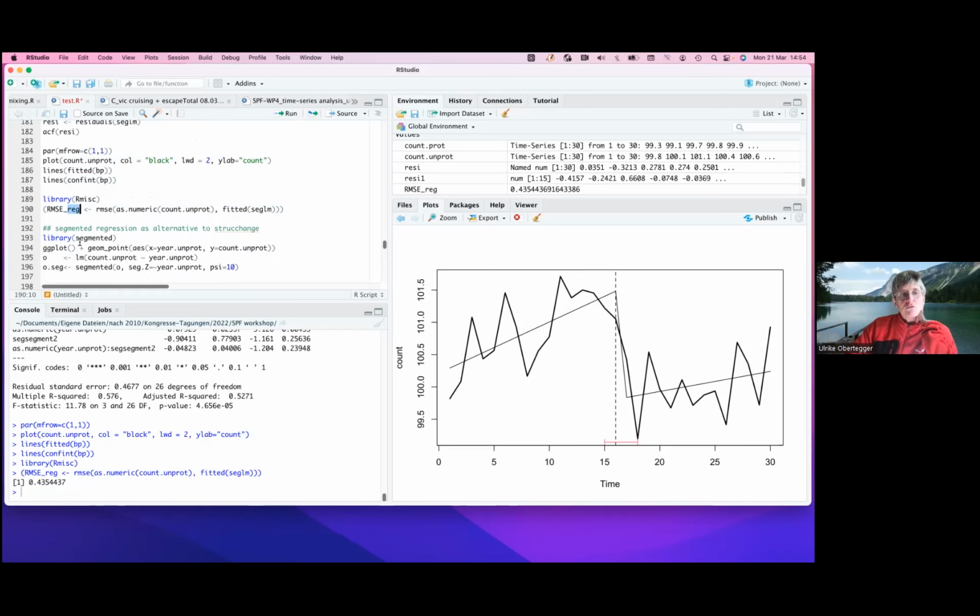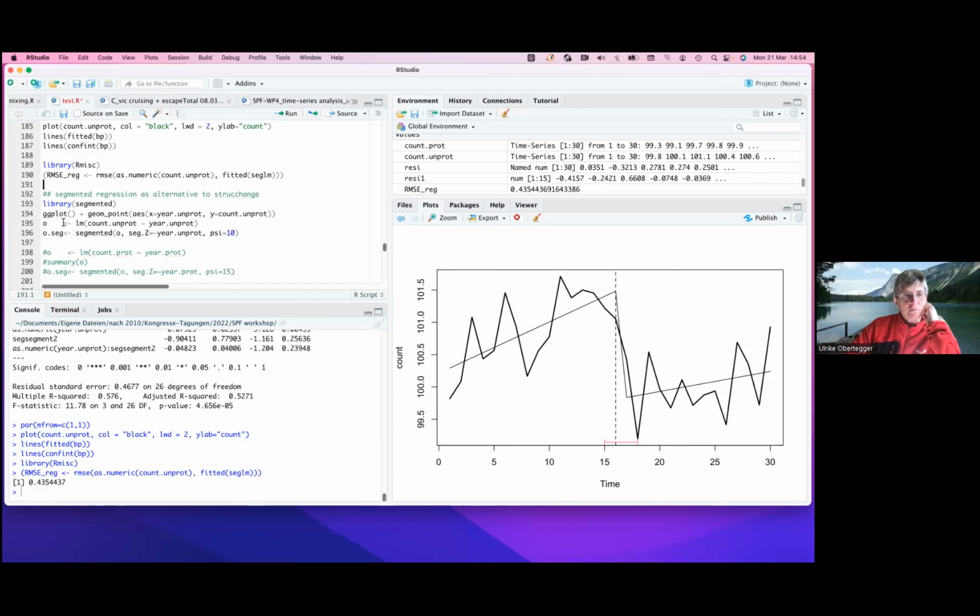But now, before that, I wanted to do segmented regression. Segmented regression is, I would call it, the brother of structural change. It also tests for linear regression, and it tests for change points in linear regression, but it's not that powerful as it's segmented, but you can also give it a try and see how it works out.